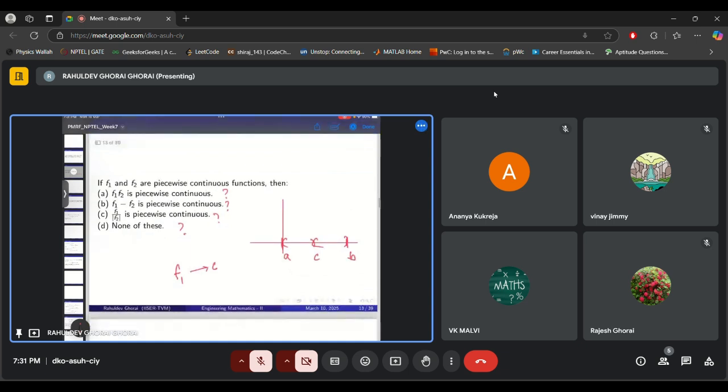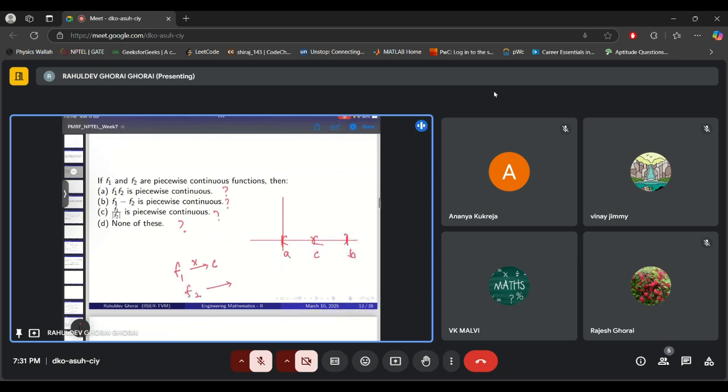For f2, let's say on a to b, we have a discontinuity of f2 at d. And c and d are not the same point. Let's say d lies somewhere in c to b.